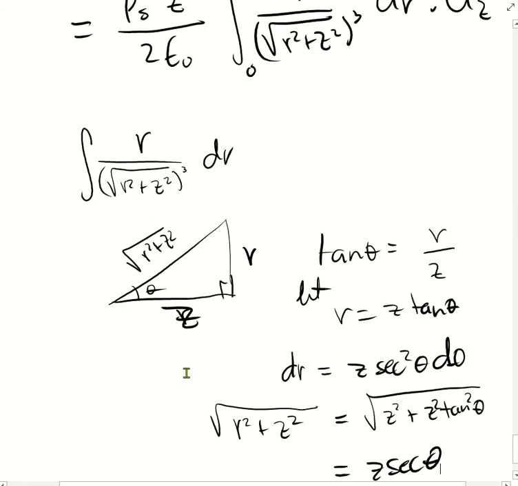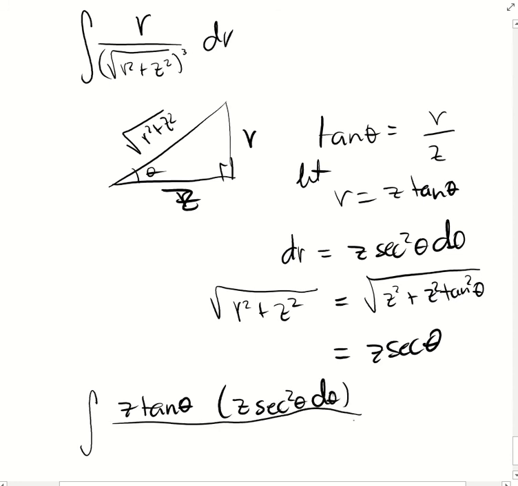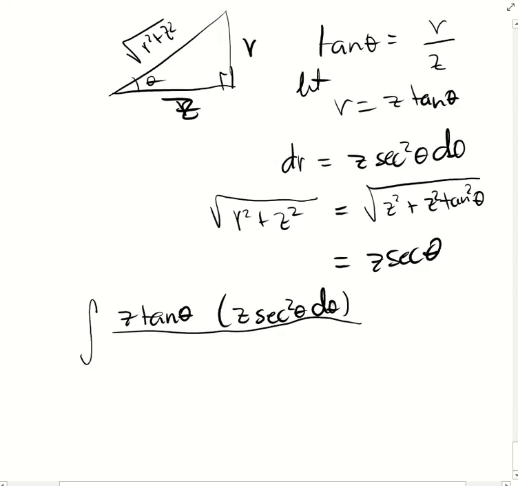Then let's do the substitution here. So the integral will become, on top we have r. What is r? z tangent theta. Then multiply the dr. What is dr? z secant squared theta d theta. All over, at the bottom is the square root, cubed, of z secant theta.